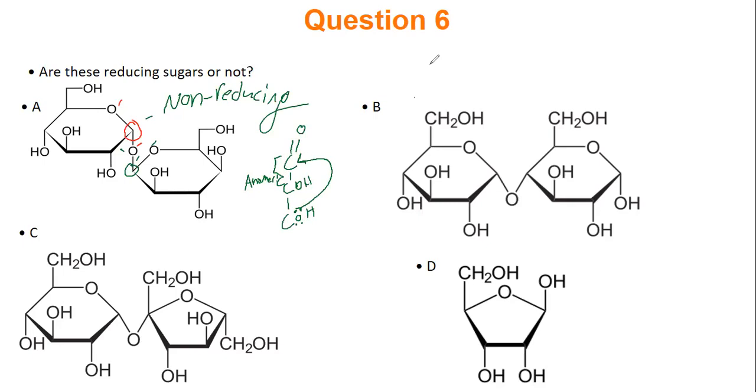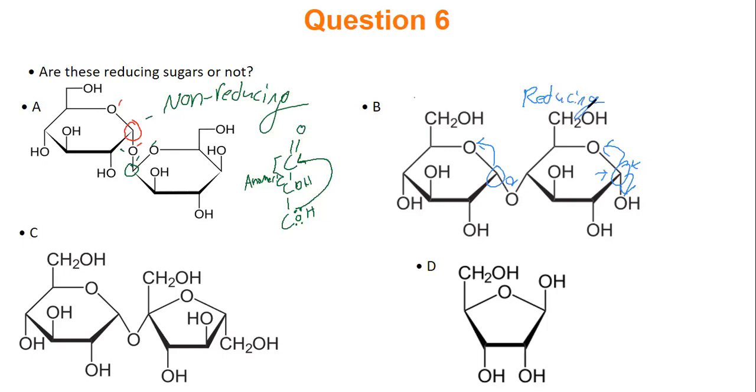So in B, there's an anomeric carbon, because it's connected to oxygen. Over here, there's our anomeric carbon, oxygen. So we have a free anomeric carbon. This anomeric carbon is not bound to anything. We call this reducing.